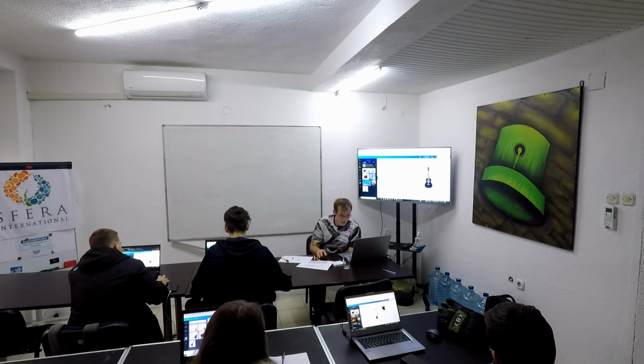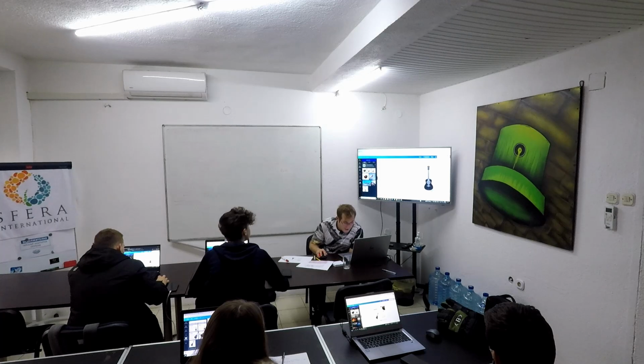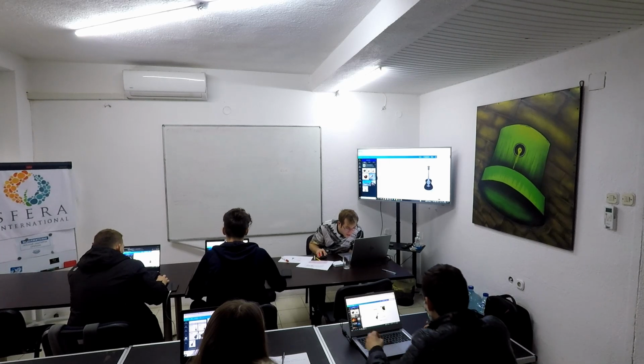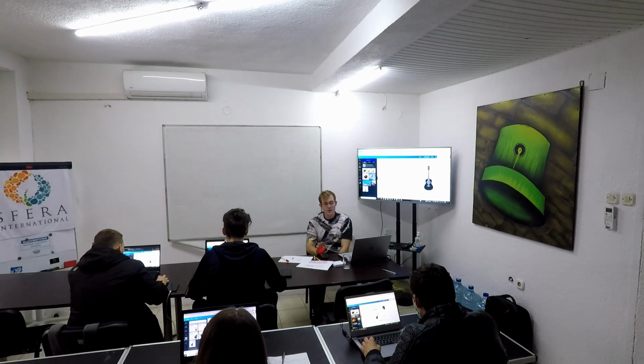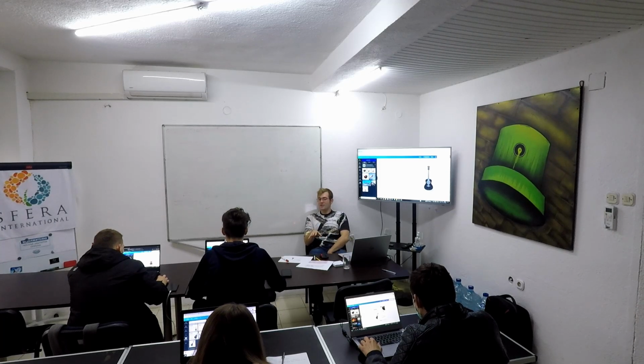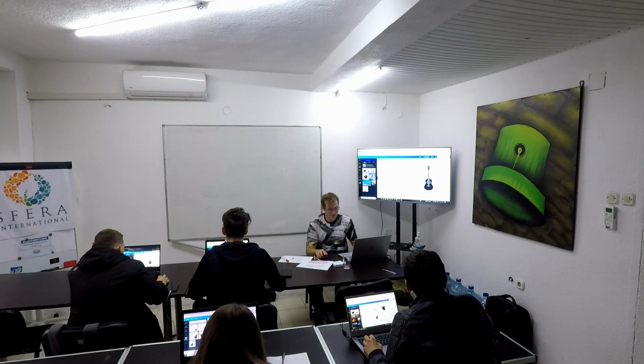Now you can see the strings. So I will resize it a little bit so I see the guitar and the strings better, and rotate it a little bit. Now we can align it with the strings like this. It's not 100% precise, but it's enough for people not to see that there might be a small mistake, which is fine.